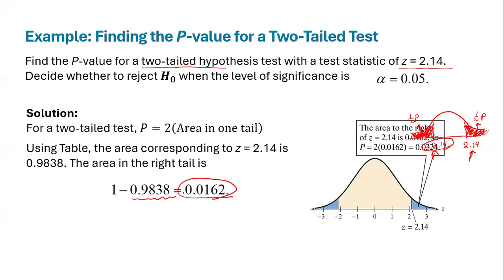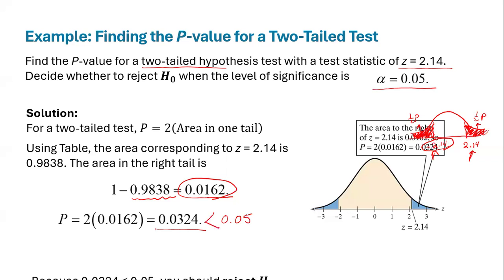Well, the p-value is the two tail, so we need to multiply it by 2. And after multiplying by 2, we get this number for the p-value. Now, to make our decision, we need to compare this with alpha, which is 5%. Is this number less than alpha or more than alpha? Since this number is less than alpha, we need to reject the null.